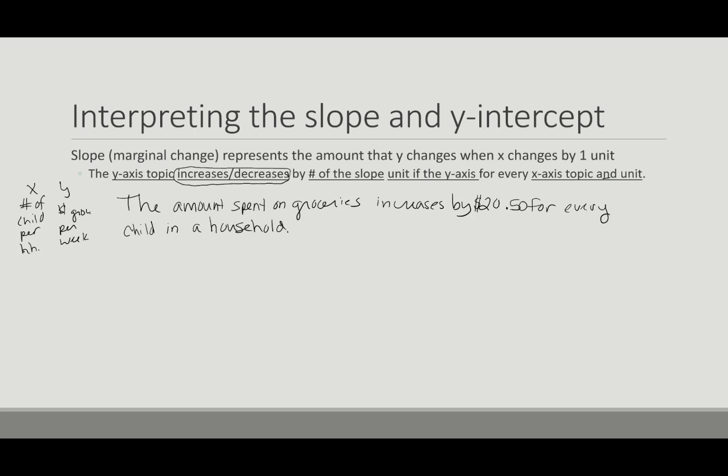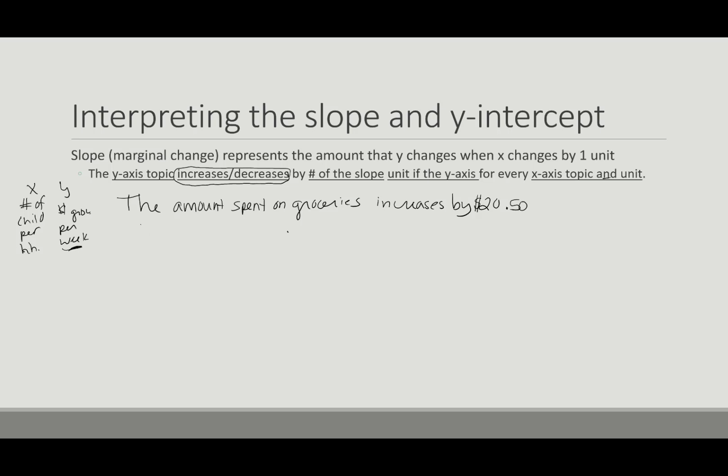Okay, we are missing one piece in there, and that was per week. So I'm going to come back here. The amount spent on groceries increases by $20.50 for every child. I'm going to put per week in here.